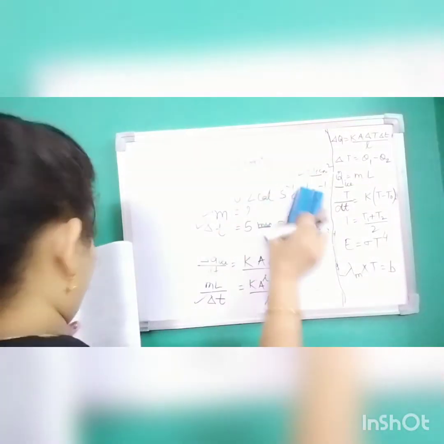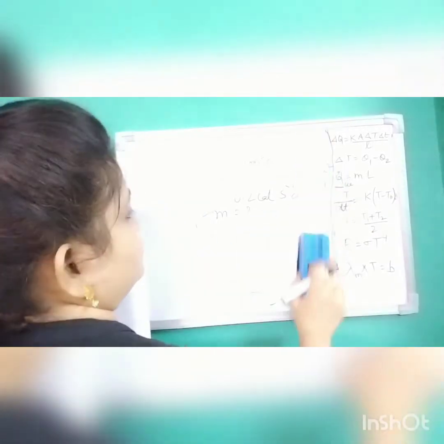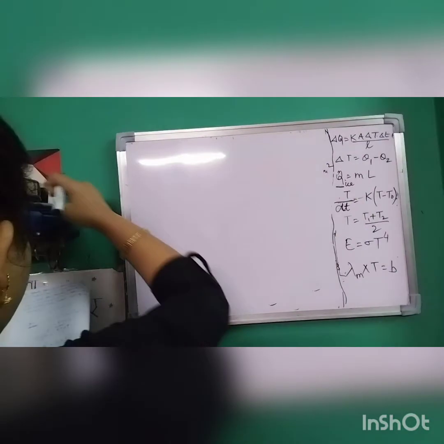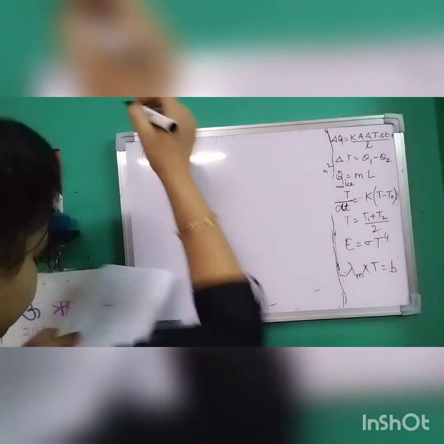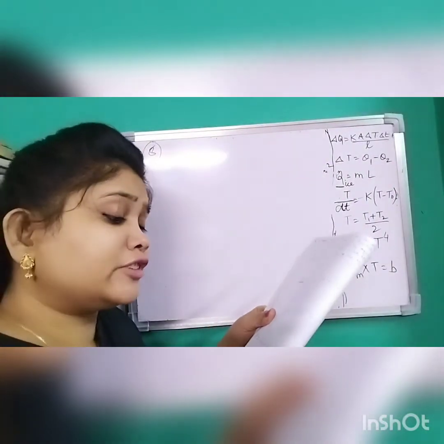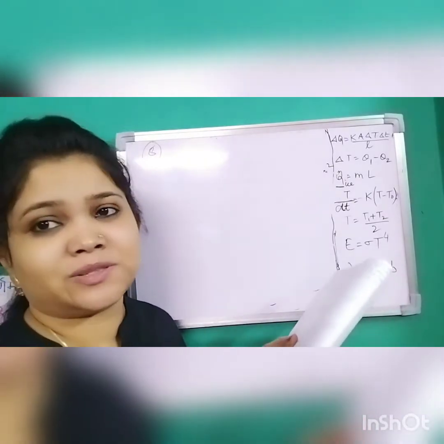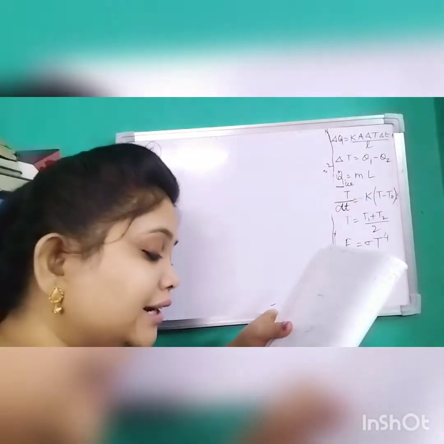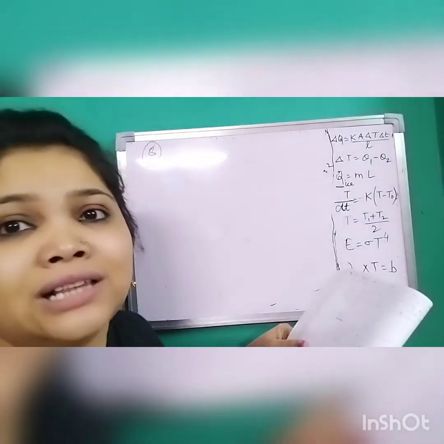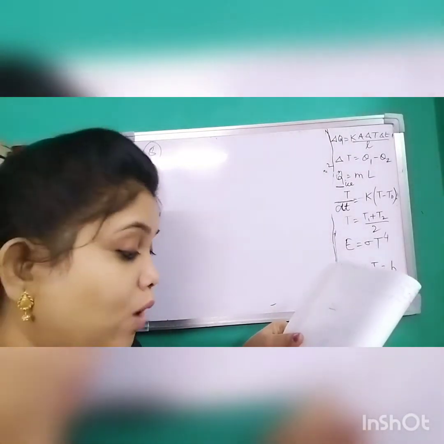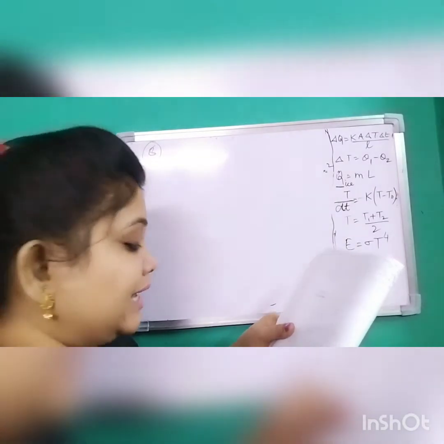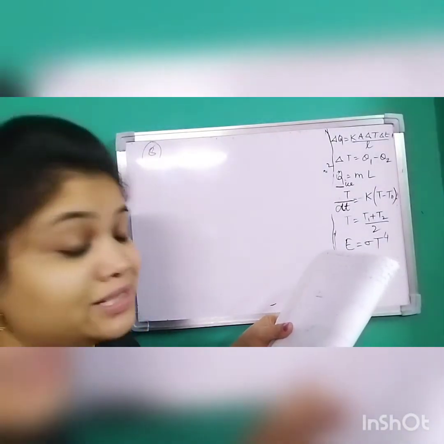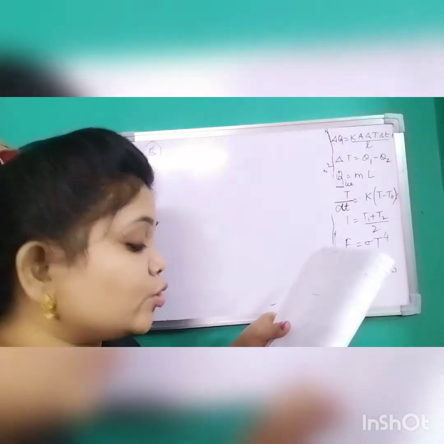Sum number 8. It says, two vessels of different materials, obviously different materials means there will be different thermal conductivity, are identical in size and wall thickness. They are filled with equal quantities of ice, that means mass of ice is equal, at 0 degrees centigrade.